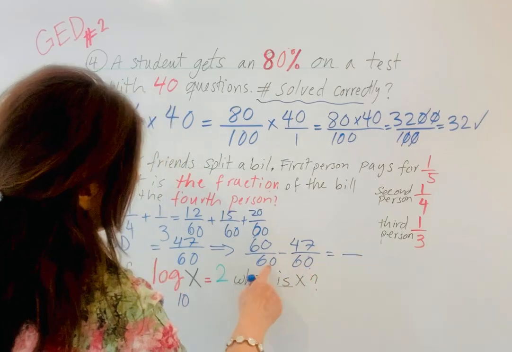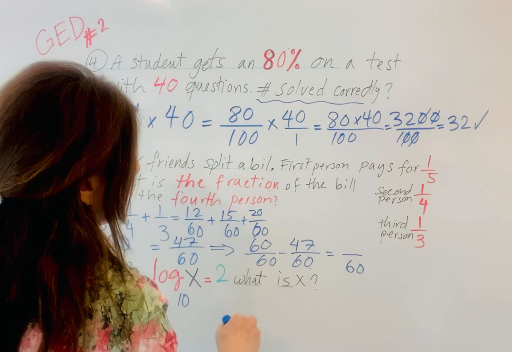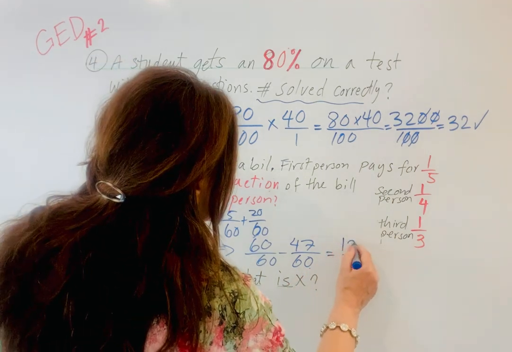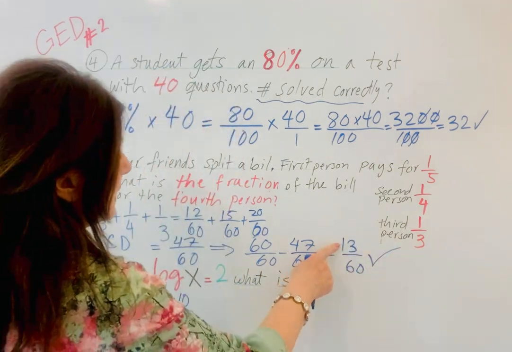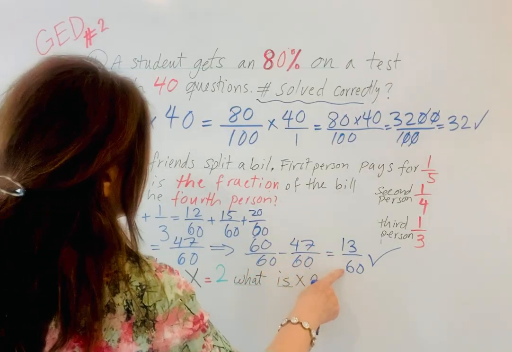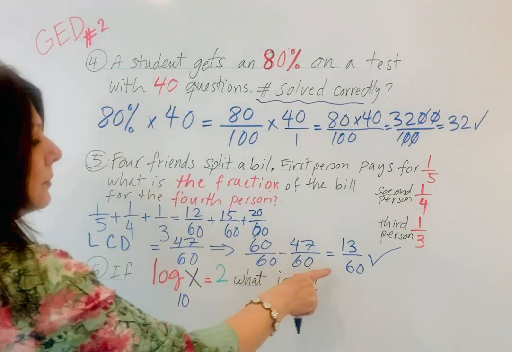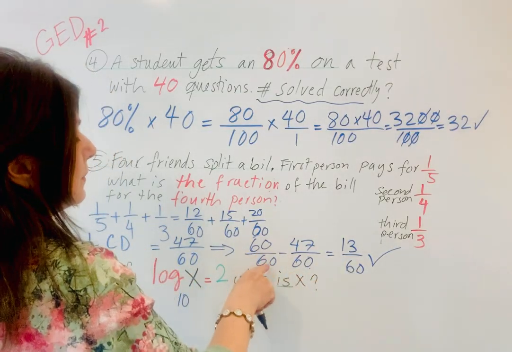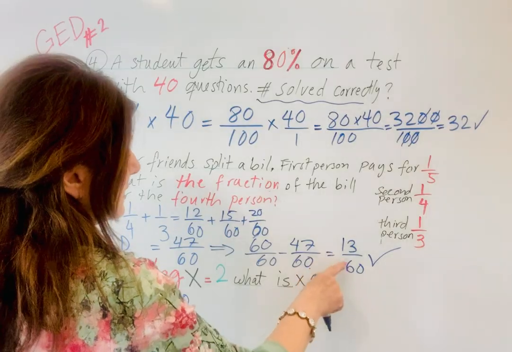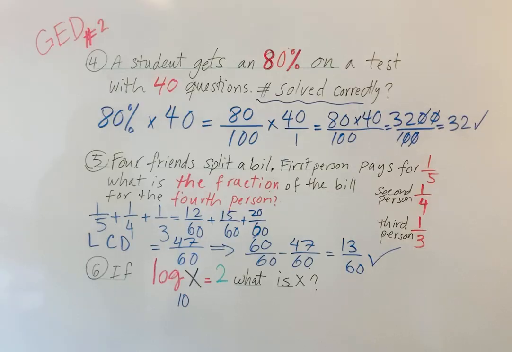We have the same denominator. Subtract this one. How much is it going to be? The answer is 13 over 60. If you add 13 over 60 and these three, you get 60 over 60, which is 1. We can leave it like this: 13 over 60.